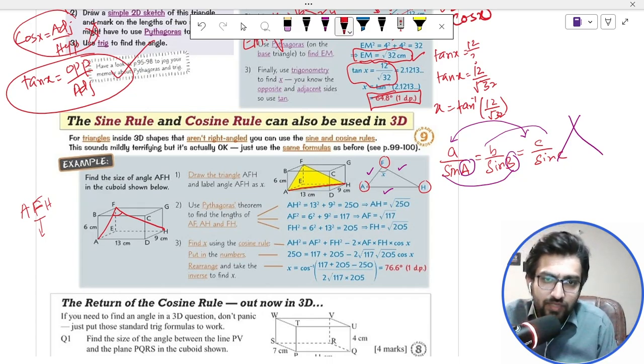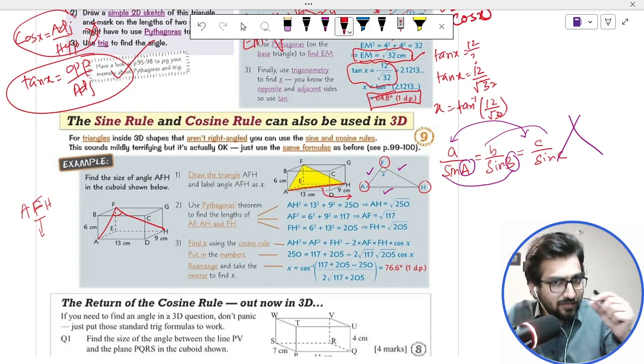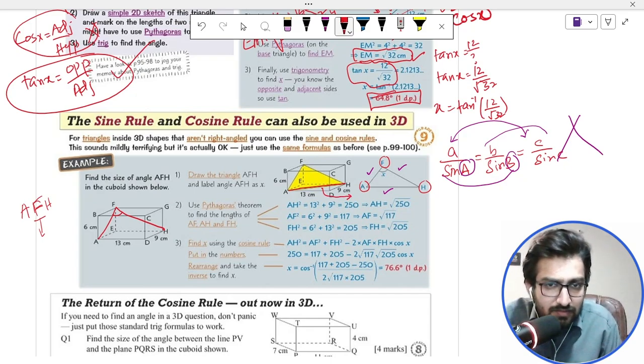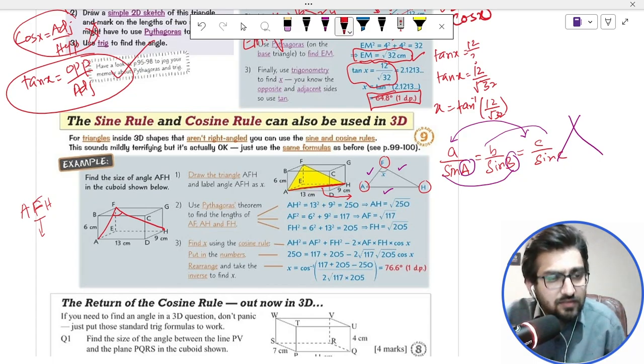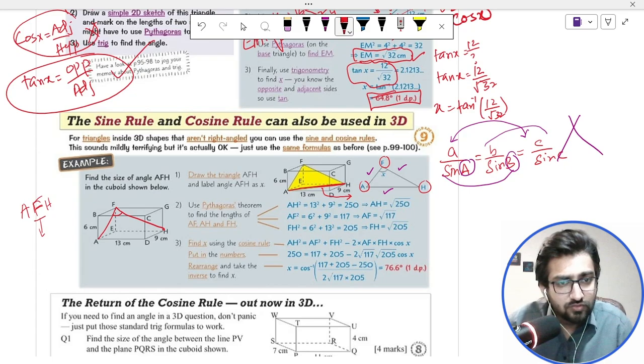So think of it. We can use this triangle, the down triangle, which is in the base. There is a small triangle, right? You can see that. The red line, which is AH, is the longest side. So it means that AH square is equal to 13 square plus 9 square, since this side is given 13. 13 square plus 9 square is 250.